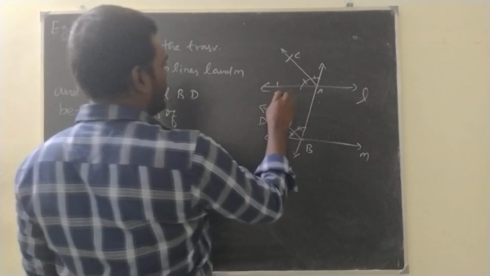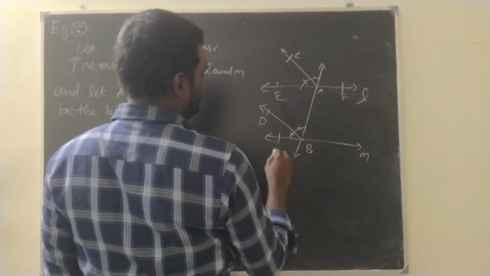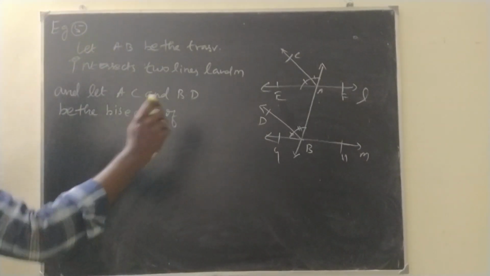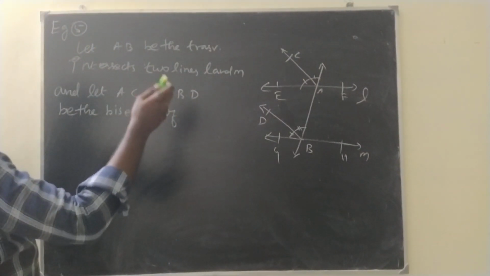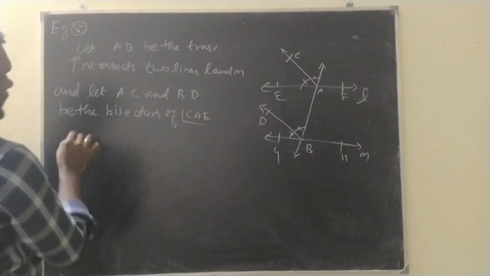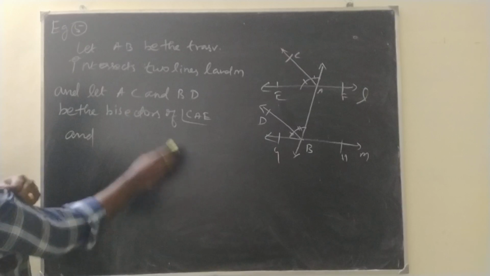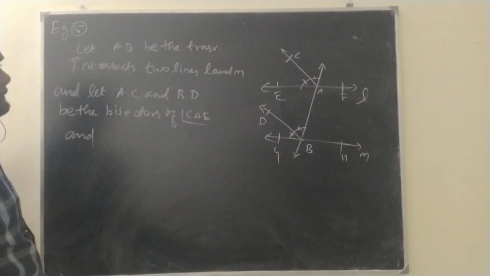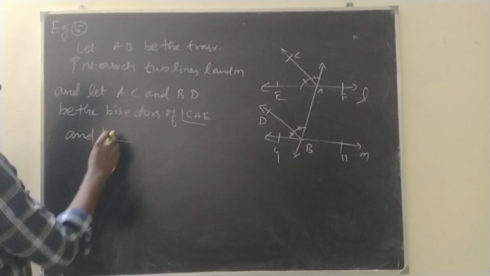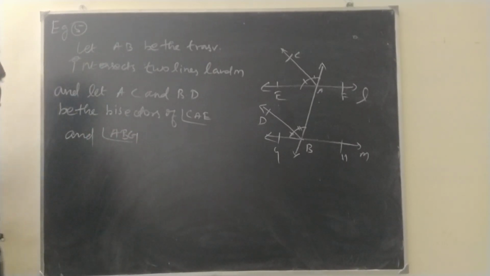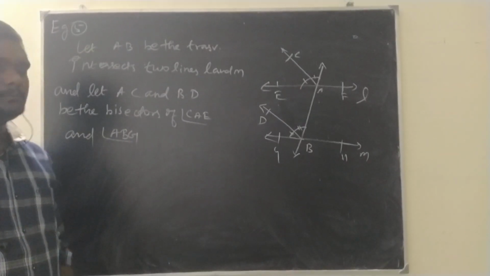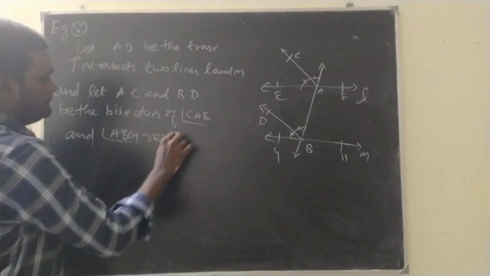We'll name this line as EFGH. Bisectors of the angle CAE, that is for AC. Then for BD, ABG. They are bisectors respectively.